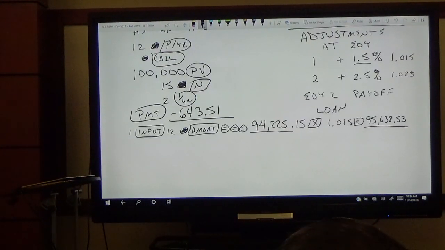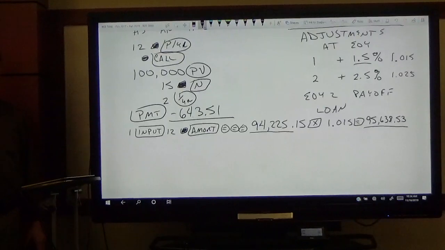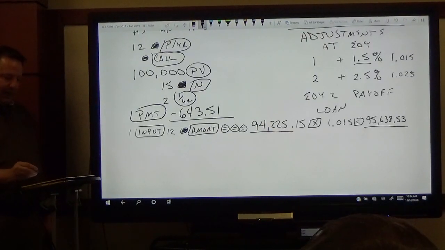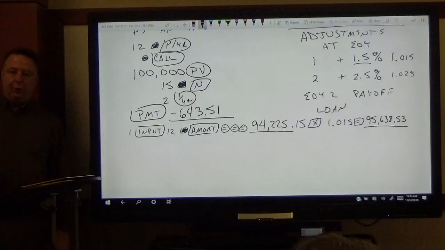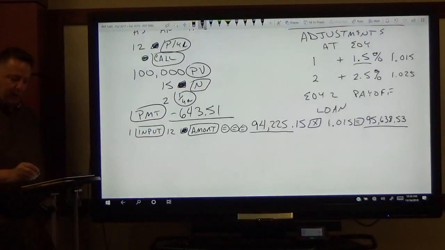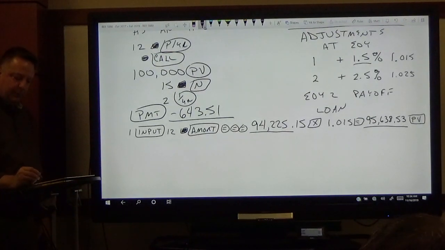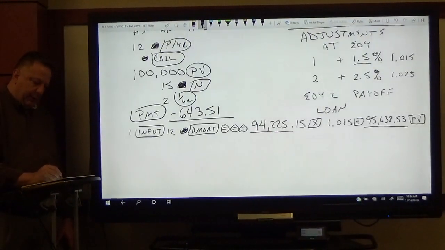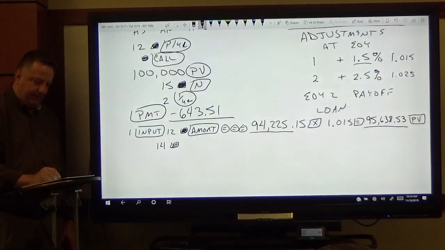Okay, now, what happens at this point is, just like with the adjustable rate mortgage, you're basically going to say that is now my new balance on the loan, so you would put that in as your new present value. Then you're going to come down and say, okay, I have 14 years remaining.